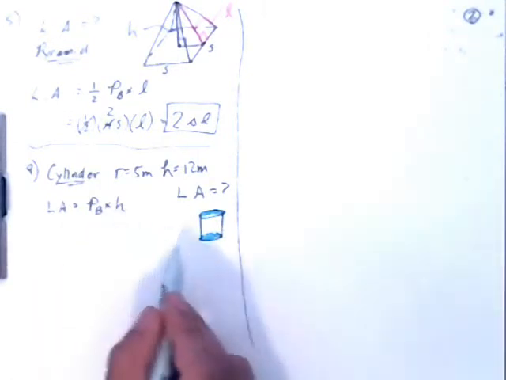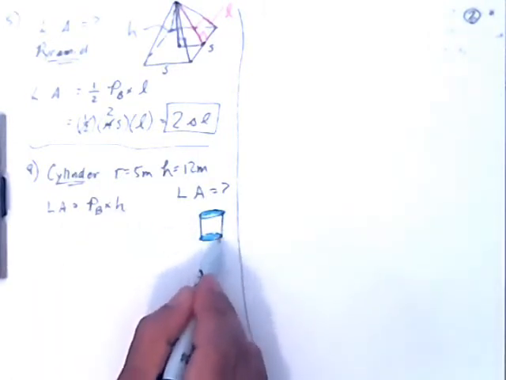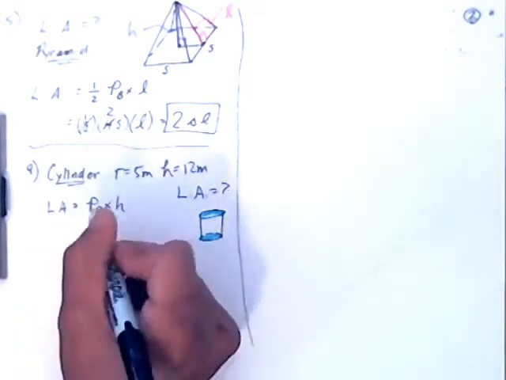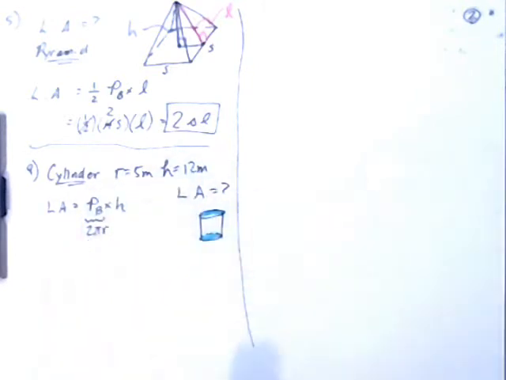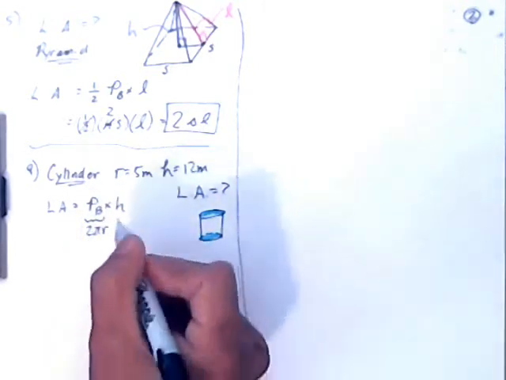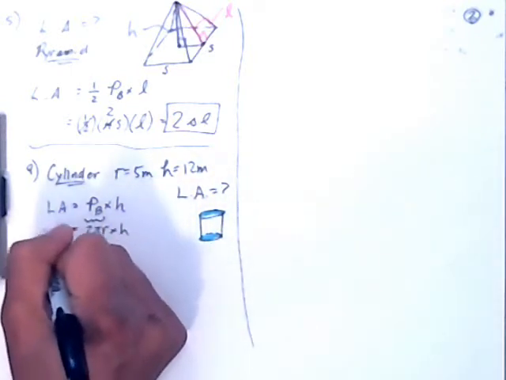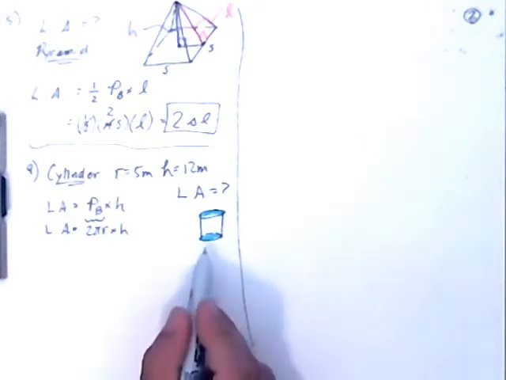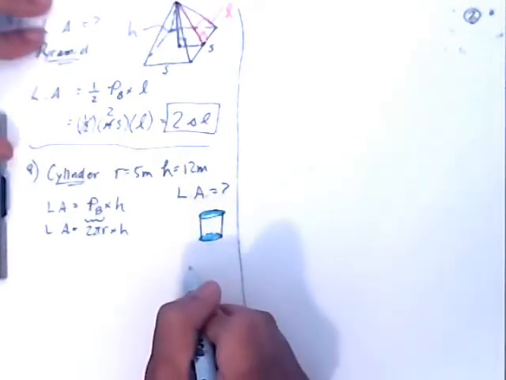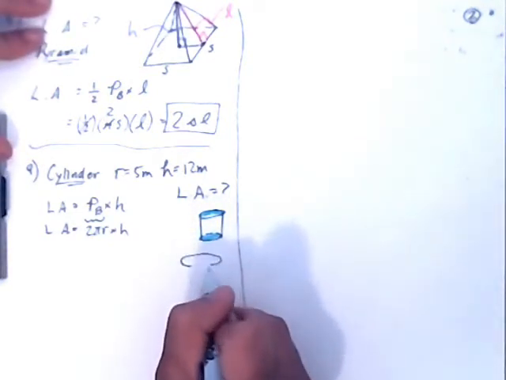The perimeter of the base happens to be right along here. It's not oval shaped, it's a circle shape. So it happens to be 2 pi r just for circles times H, that's equal to your lateral area. If you're not quite sure how that works out, I'm going to draw it for you a little bit nicer.